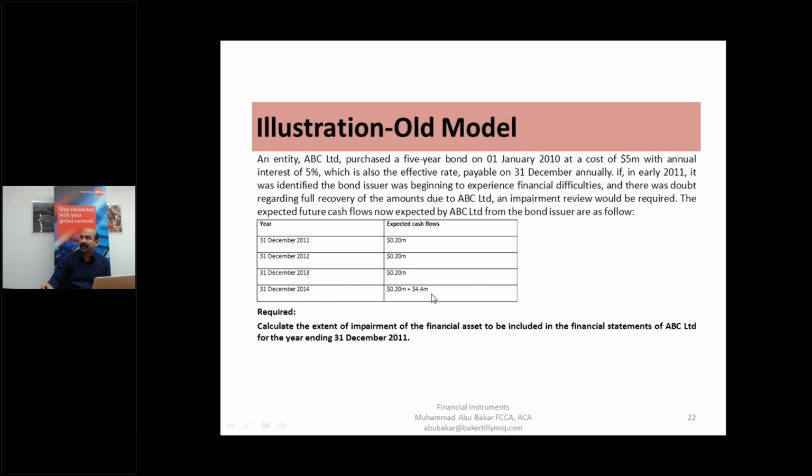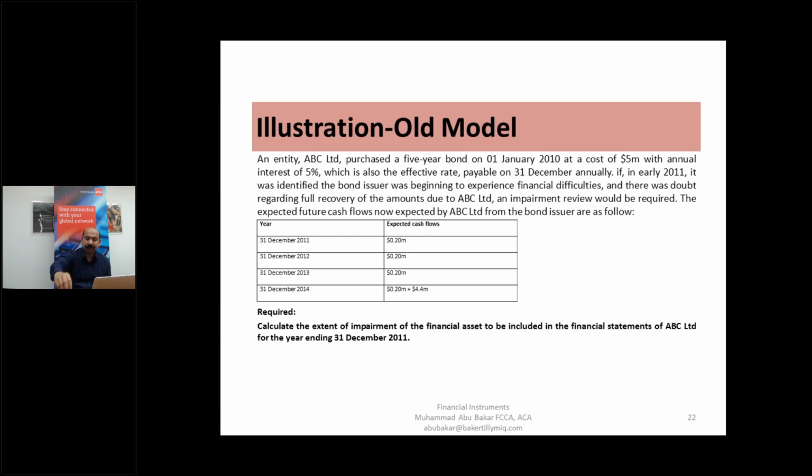So we estimated the cash flows attached with this instrument, and the old approach is simple: simply discount these future cash flows by using the original effective interest rate, which was 5%. This will give you the present value of the amount, the recoverable amount, you can say that.